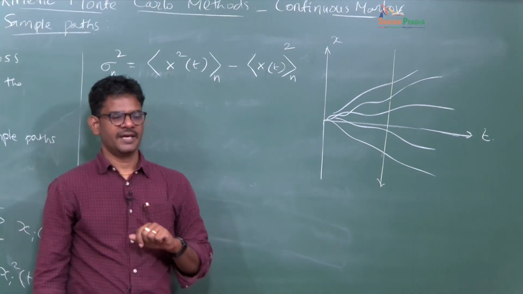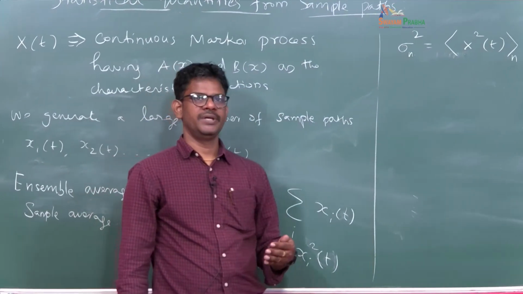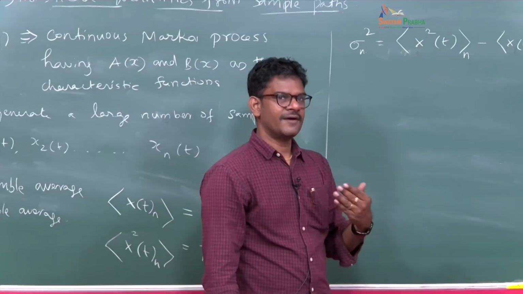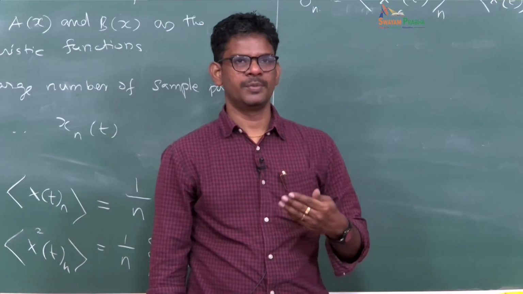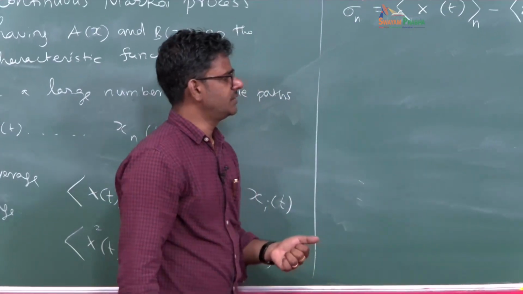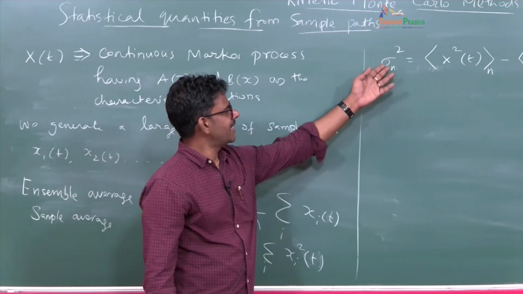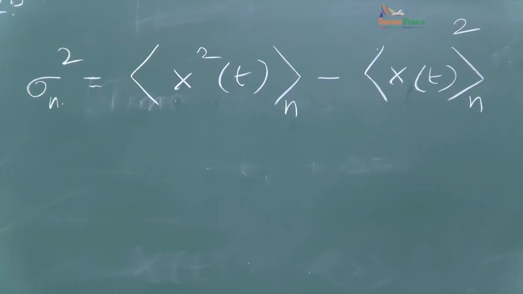Then if I calculate mean and variance from this finite number of sample paths, that would have certain uncertainties, which could be a little different from the true averages. So to see to what extent we can say confidently that these sample averages we are calculating based on n number of samples are close to the true average, we can make an estimate of the errors.